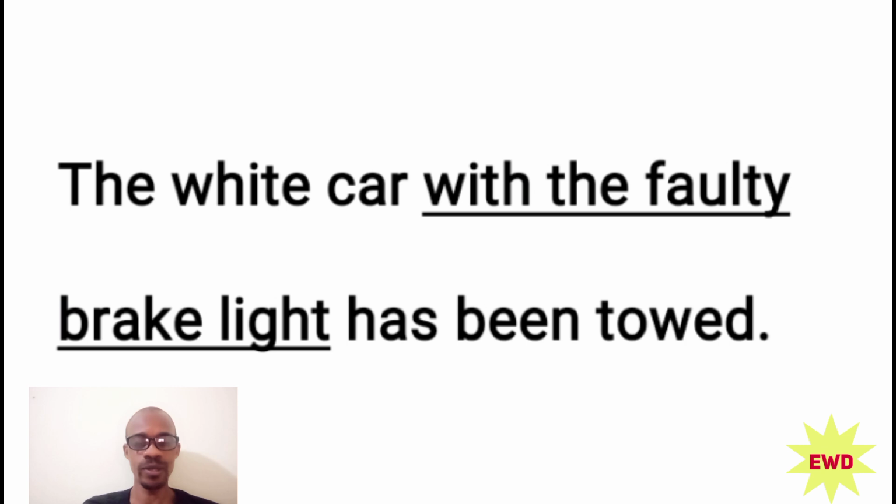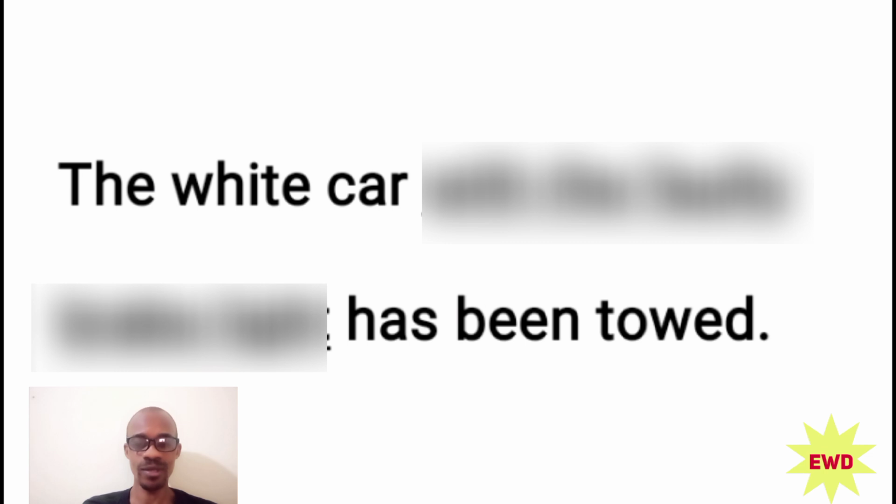So I'm going to blur the underlined part here, and then we're going to read out the sentence without it. It says, the white car has been towed.